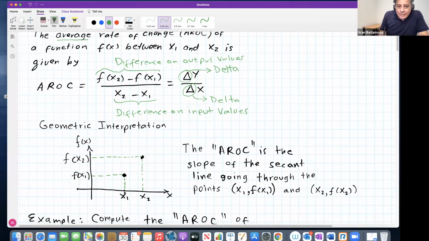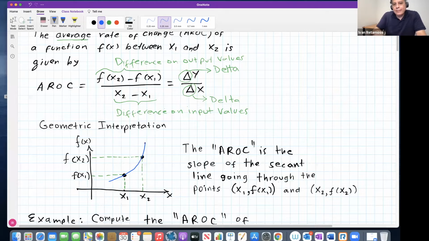Now, this has a geometric interpretation. Look, if this is your input value x1, then the output value associated to x1 will be f of x1 here. For x2, the output value will be f of x2. Now, suppose that the graph of your function is something like this.